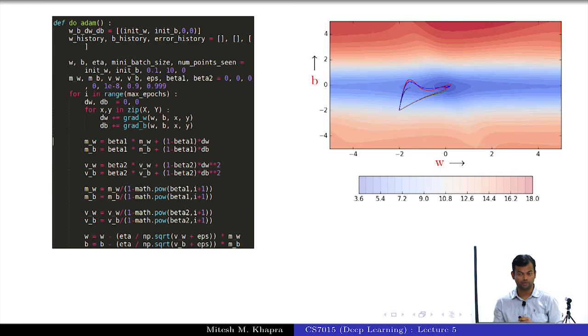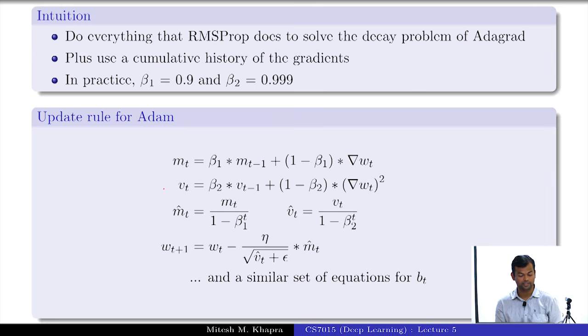Now this algorithm is actually called ADAM. It stands for adaptive moments. Can you tell me why that name? Why moments? Good. Where is the mean here?